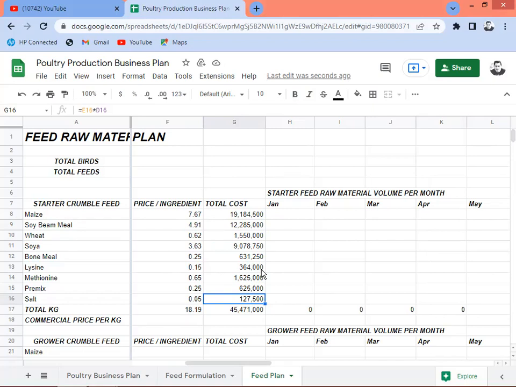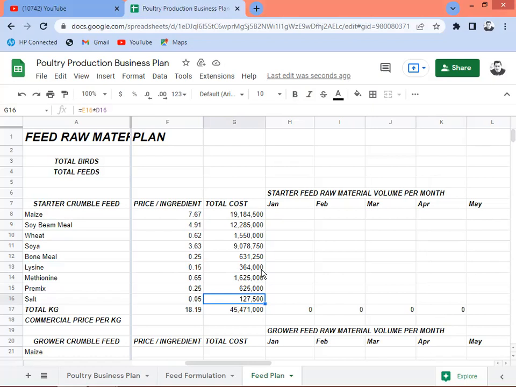Why starter crumble feed? Because the crumble form is much more efficient. We don't have much losses in terms of wastage. Especially the younger chicks, in the first 3 days, 5 days, 1 week of feeding our broilers, they're choosing which one to pick, which one to eat.